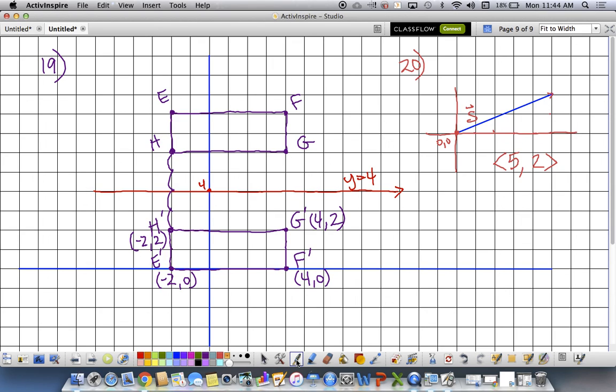And if I wanted to add them together, how many are there? S, T, and U. I can simply multiply times 3. Or we could add 5, 2 plus 5, 2 plus 5, 2. When you're adding things 3 times, you can just multiply by 3. So 5 times 3 is 15. 2 times 3 is 6. So your answer, the components, if we put them all back to back, would be 15, 6.